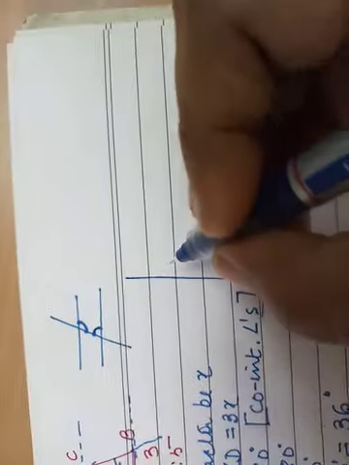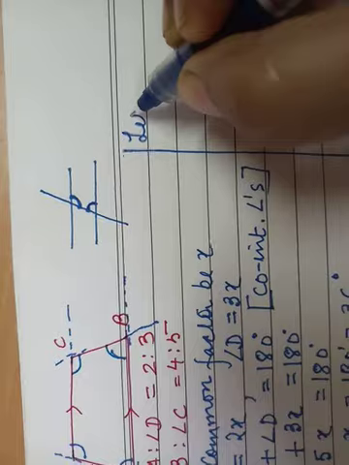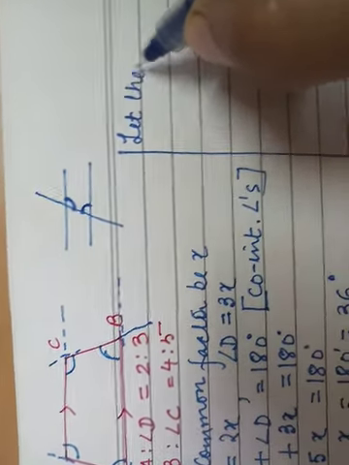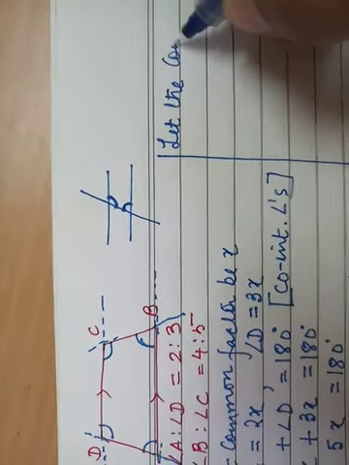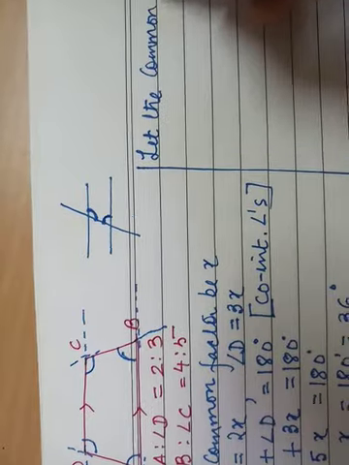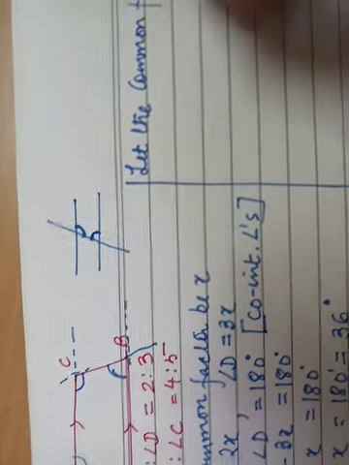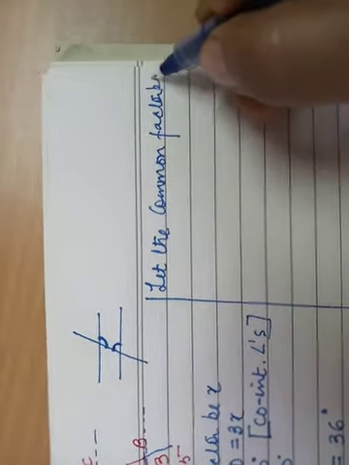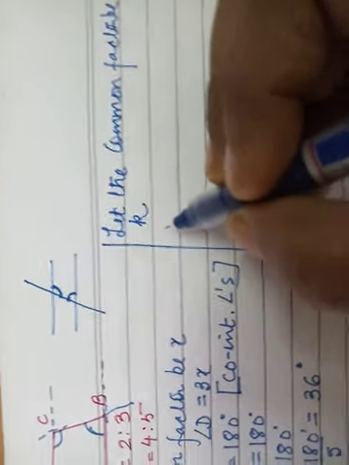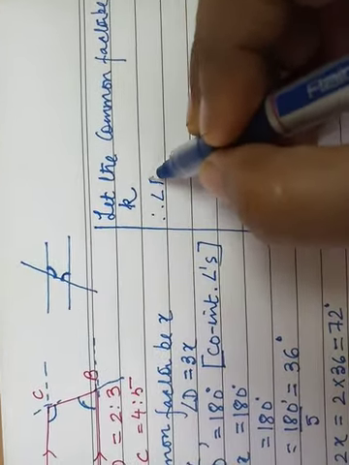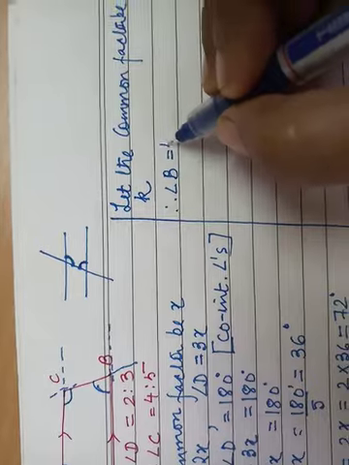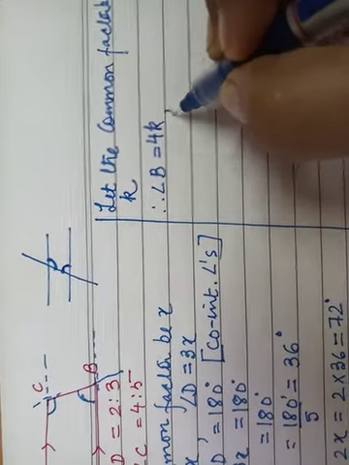So what do we write here? Now we cannot let the common factor be x, as we have already used it. So let the common factor be k. Therefore angle B is equal to 4k.